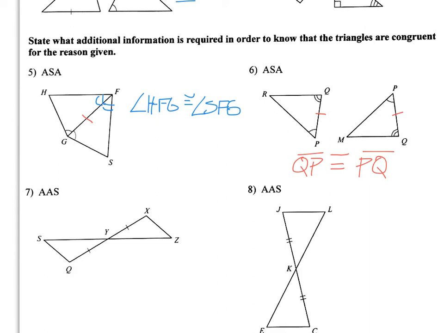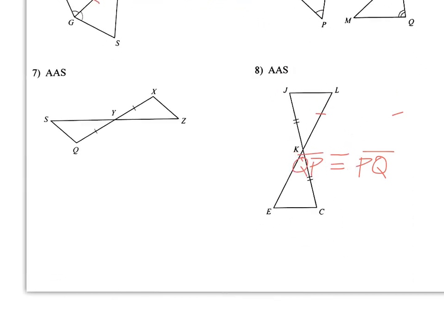Alright, the next problems. Okay, problem number 7. Something we can mark that we know even though it's not in the picture, and that is these two angles are congruent because those are vertical. Okay. So I want to do angle, angle, side. What I have right now is angle, side. So I need another angle.